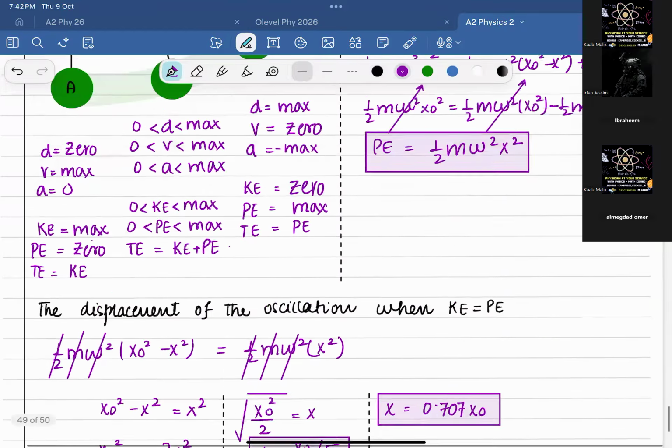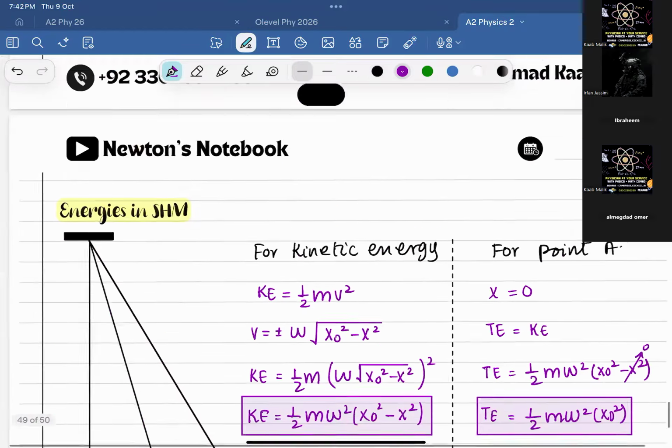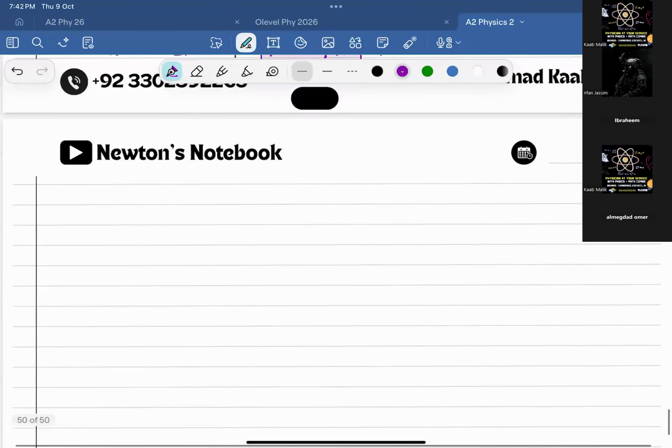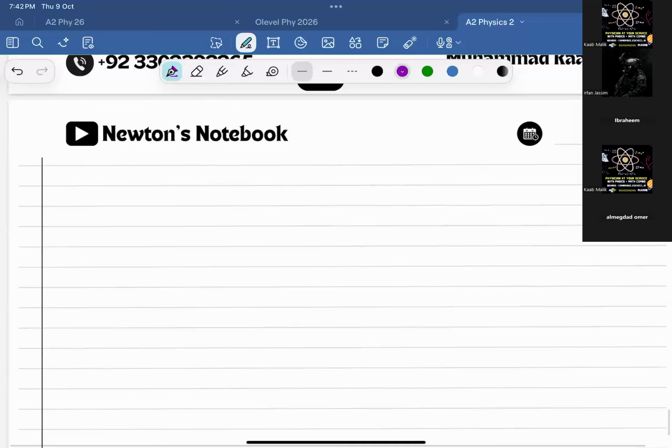Perfect. Now these are the concepts for the energies in simple harmonic motion. Now we have to discuss their graphs. To discuss the graphs, we have to understand the relation.